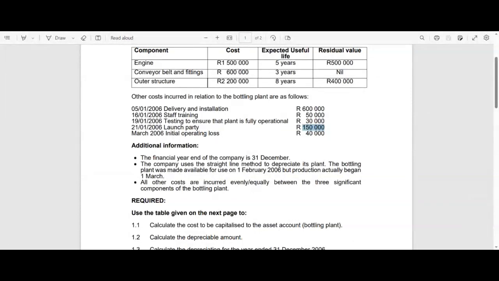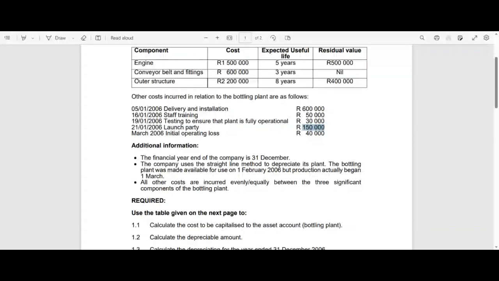So even if you had been of the opinion that the launch party cost is necessary, the fact that it plays no role in either the condition or the location of the plant means that it cannot be seen as a directly attributable cost. So therefore, that 150,000 rands will be written off as an expense.